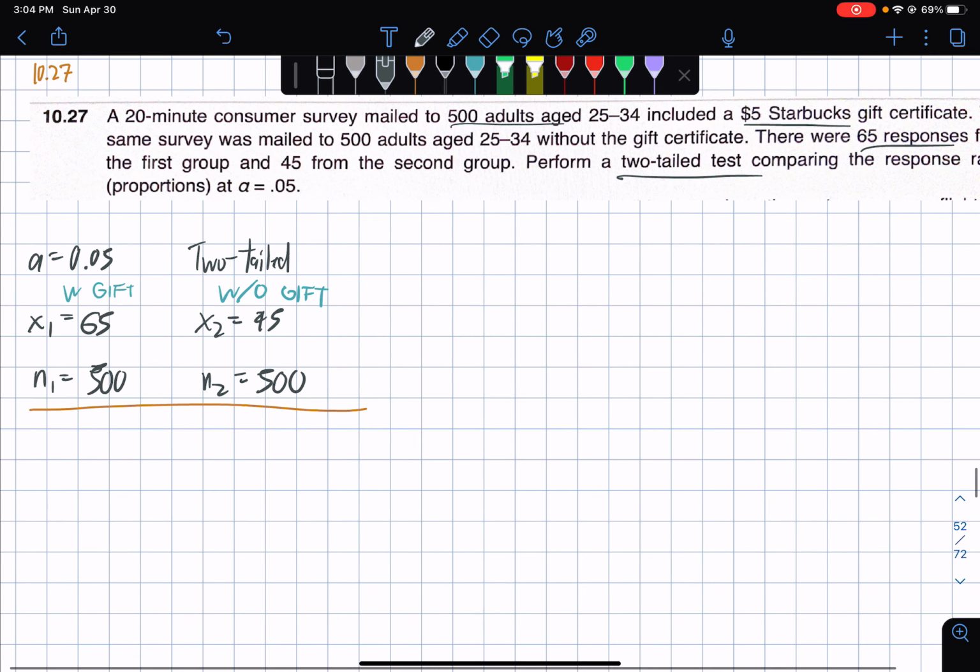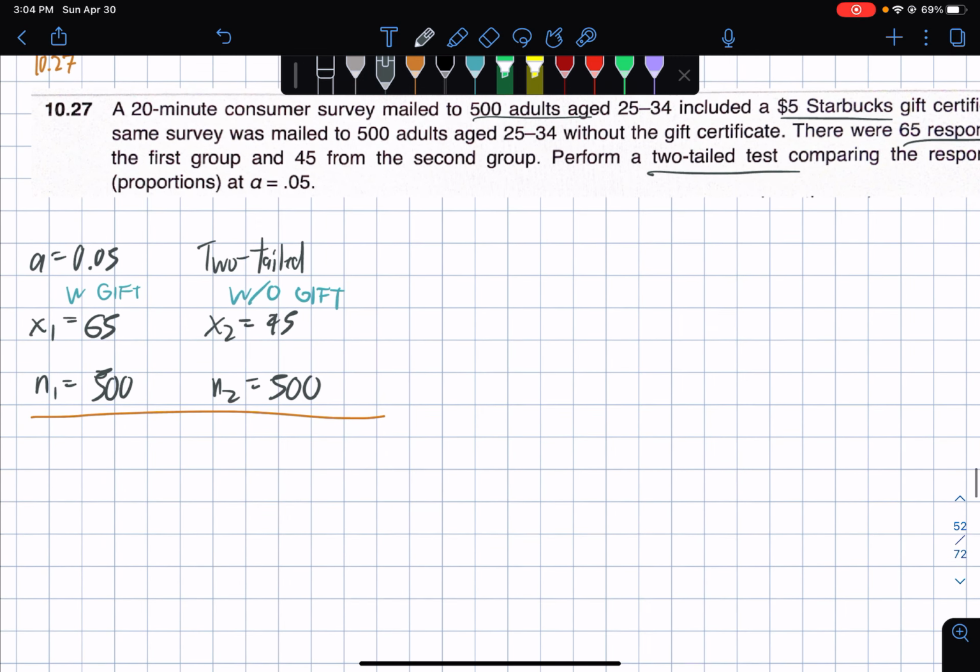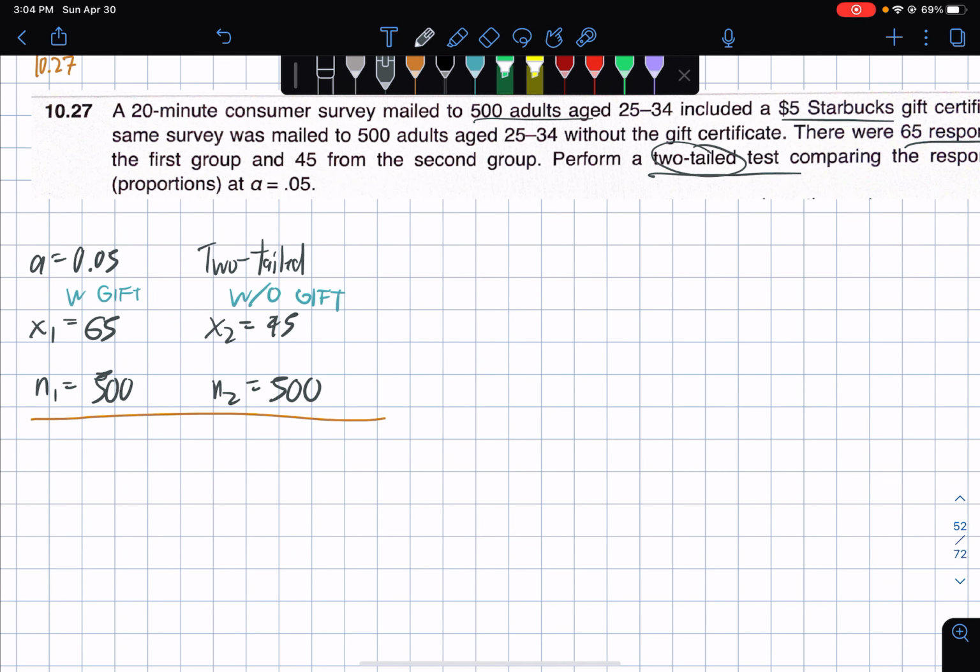So because this is a two-tailed test, we're trying to ask if there's any significant difference if you provided an incentive or if you did not. So let's calculate for P1 and P2.